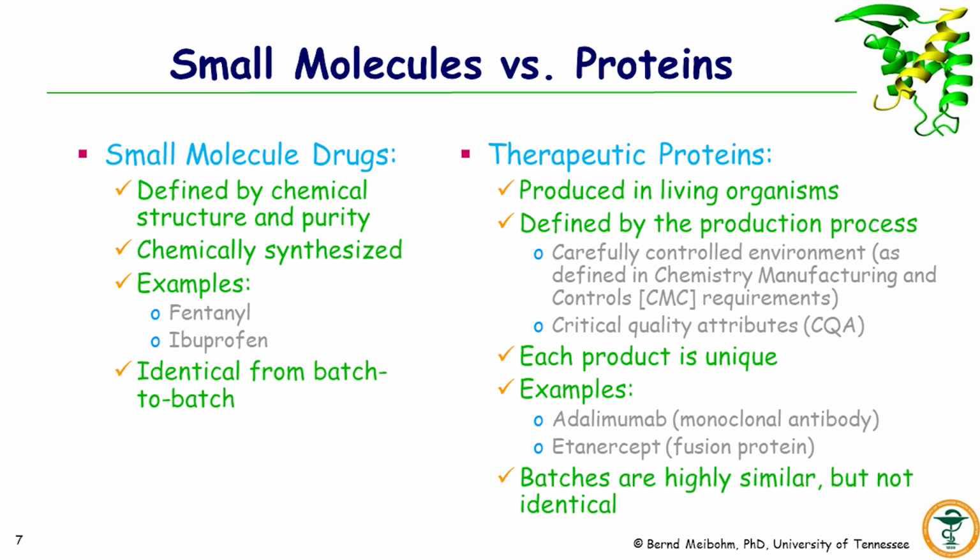Since these proteins are also produced in batches in living organisms, these batches are highly similar, but they are not identical, simply because of small variations that may occur within this carefully controlled environment in which the genetically modified living organisms are grown, are housed, and ultimately produce the therapeutic protein of interest. So batches are highly similar, but not identical.